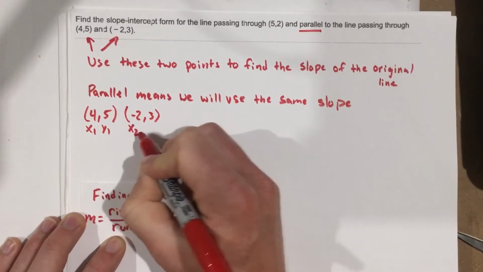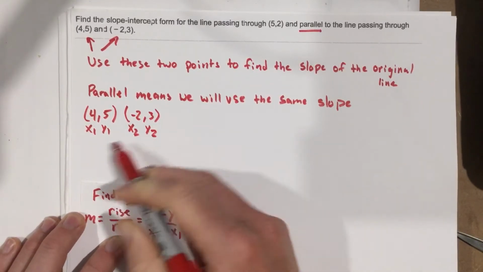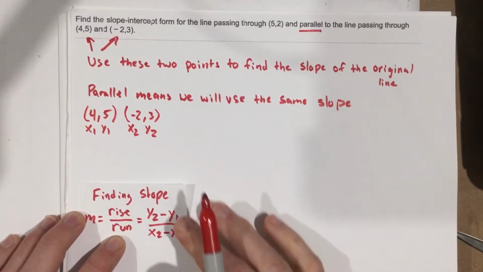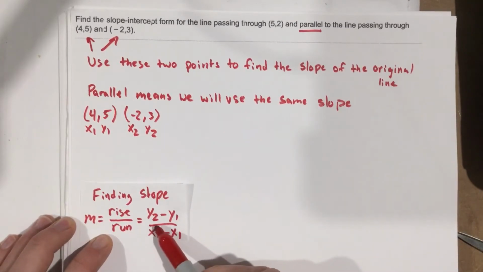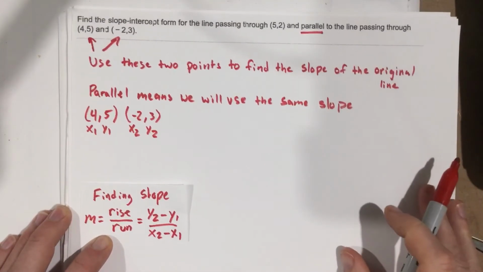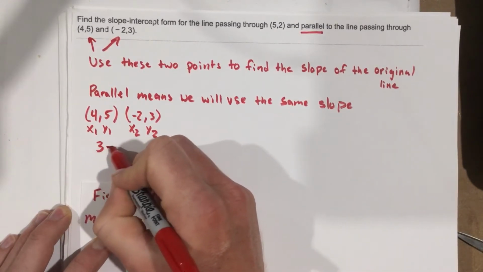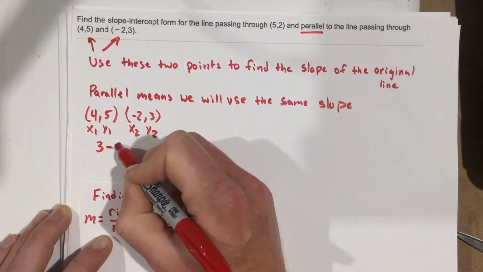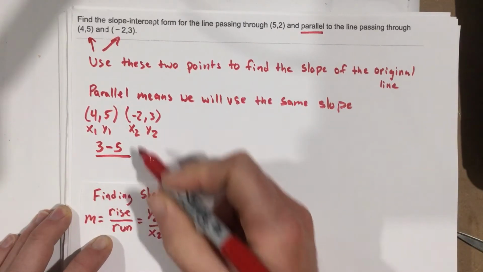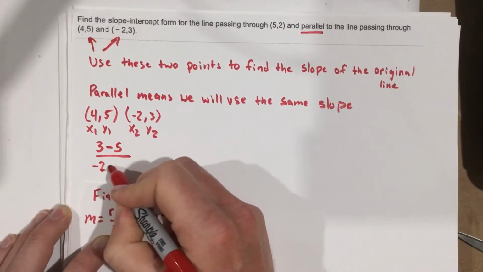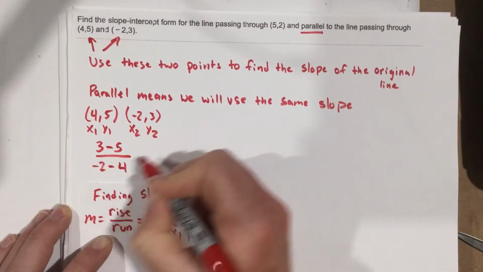This is my second, so I'll say x2, y2. The 1s and 2s just distinguish which coordinate is what. Then we'll start with y2, so we'll start with 3 minus y1, which is 5, over x2, which is negative 2, minus x1, which is 4.